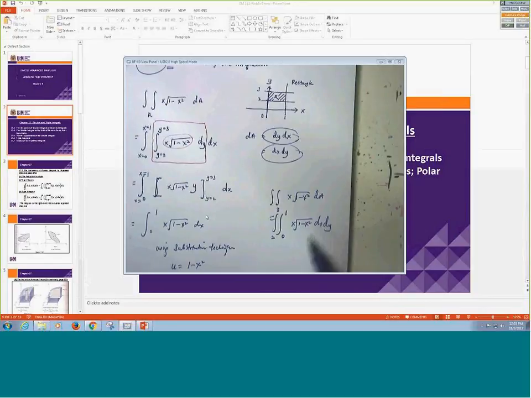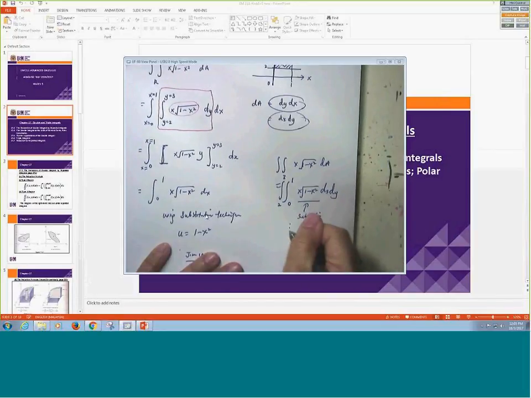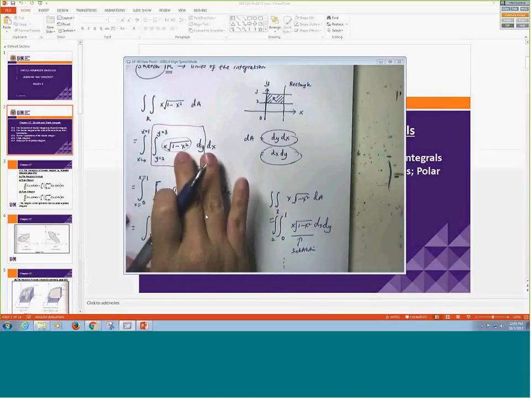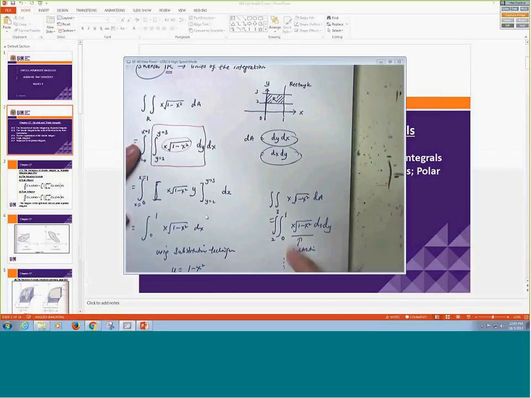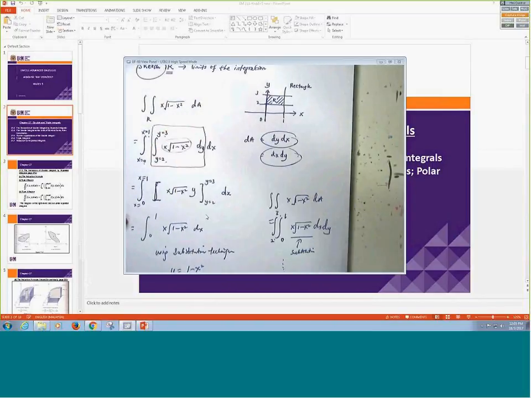When you solve for x first, you need to do the substitution first, and then only solve for y. At the end, you will get the answer 1 over 3. So in this case, you can choose either dy dx or dx dy because the limits of integration are both constants.